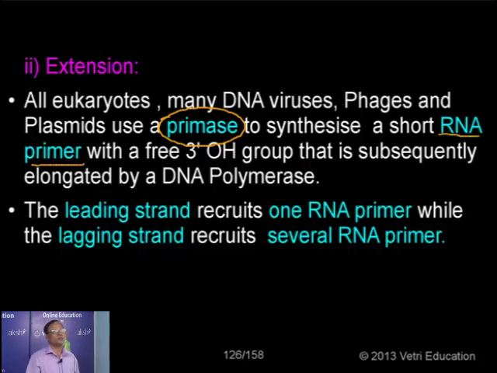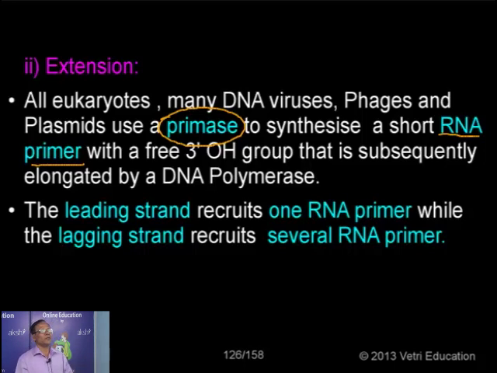It is a must because DNA polymerase has no ability of initiating polymerization. It has to be stimulated. So a small stretch of RNA is laid down on the template strand of DNA with the help of an enzyme called primase. It's nothing but RNA polymerase.